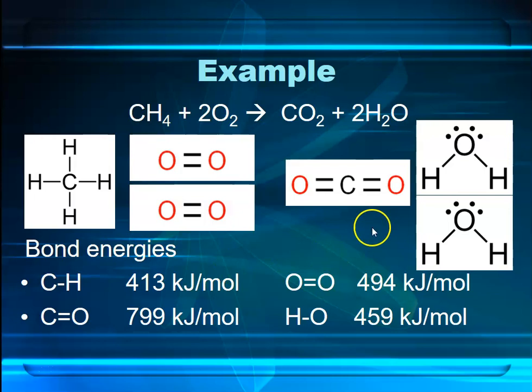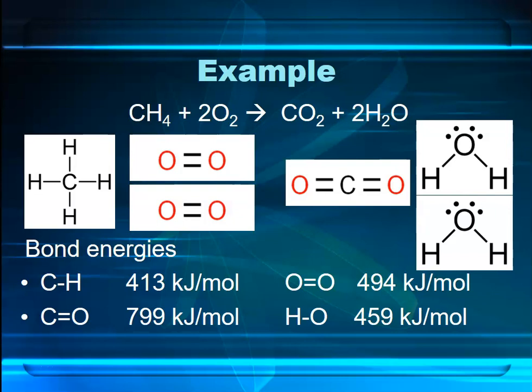So if it's a double bond, you look at the enthalpy for the double bond. Don't think about doubling the enthalpy for a single bond. Okay, so breaking, I've got 4 carbon-hydrogen bonds, 2 oxygen-oxygen double bonds. Forming, I have 2 carbon-oxygen double bonds and 1, 2, 3, 4 oxygen-hydrogen bonds.